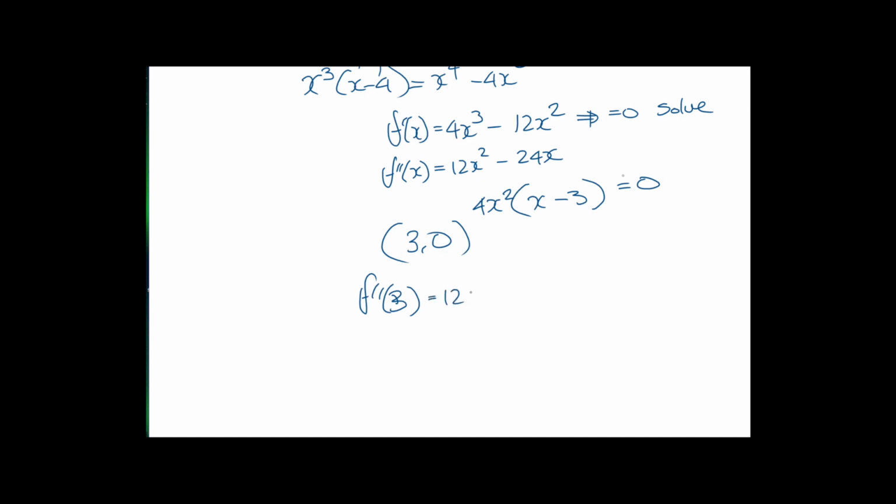for 12 3x minus 24 times 3, is that greater than 0? Is it less than 0? Does it equal 0? Hmm. 12 times 6 minus 24 times 3.